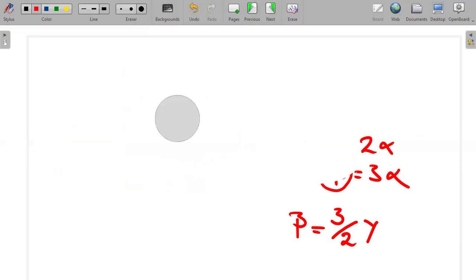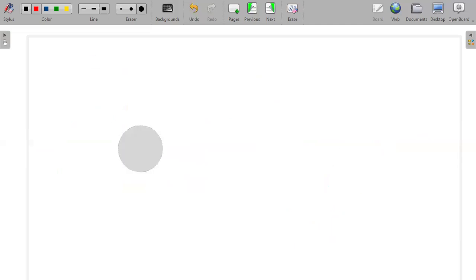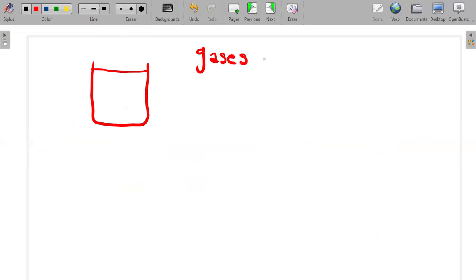So the phenomenon of spilling, I'm sure we know what spilling is. You're going to notice that if I have, let's say, water in a tank, I can give an example of a tank here, or even a gas. One thing you're going to notice is that gases and liquids expand more than solids.